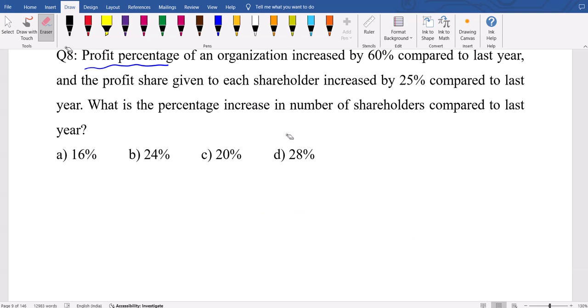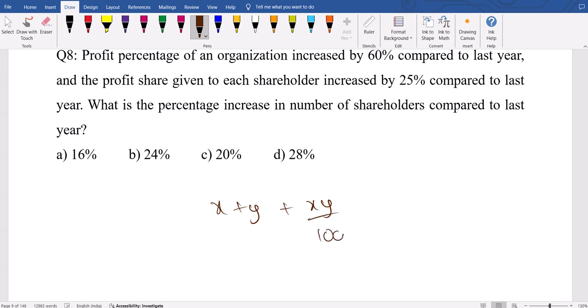See, overall 60 should be because of these two percentages. The net effect of the two percentages should be equal to 60, right? So there is a formula: x plus y plus xy divided by 100 should be the overall effect. This is equal to 60. One is 25. What should be the other one? Right. So you can do trial and error also.